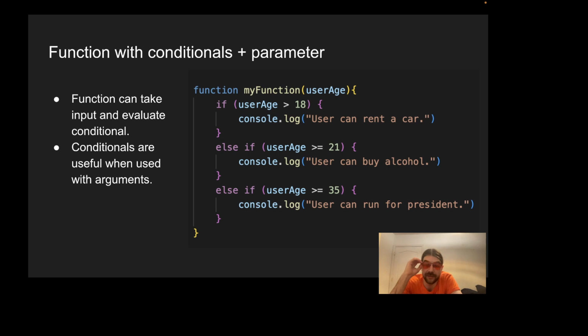So in this case we have a user's age, and depending on what the age is, we get different text printed out to the console.